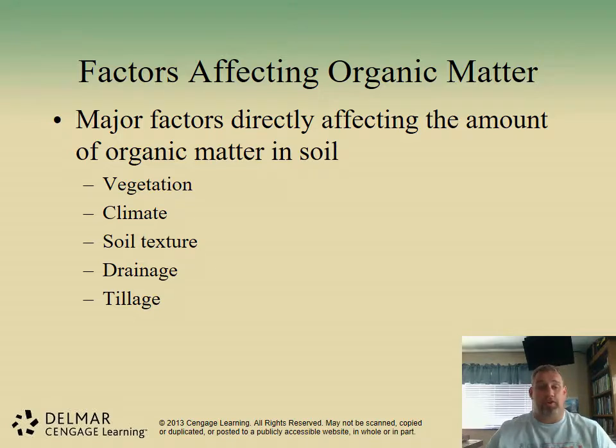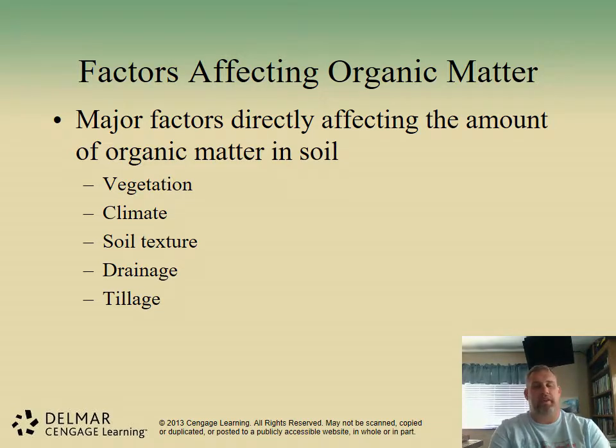If it was used for grass or if it was a forest, you're going to have a lot of vegetation, a lot of leaf litter, a lot of lawn clippings. If the soil was not used for a landscaped purpose, you're going to have very little organic material within that soil. You just won't have a lot of leaves falling on the ground and then being broken down.